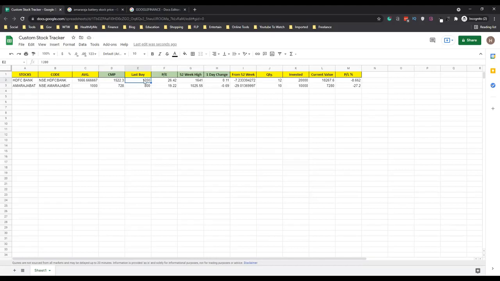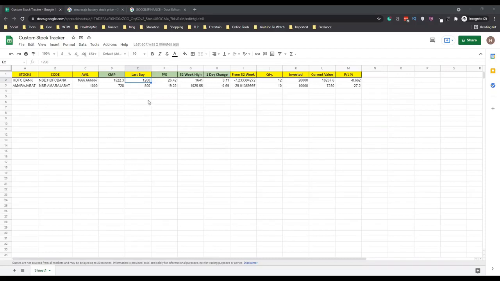On the basis of these custom columns, we can make our own decision, like 52-week high, last buy, average. On the basis of this, we can make our decision whether we want to go ahead and purchase the stock. So this is how you create your custom stock tracker. It's a simple stock tracker for now, and we can make this more complex. We can add graphs and all over here, but that we will discuss some other time. So this is how we can create a custom stock tracker by ourselves using Google Sheets.